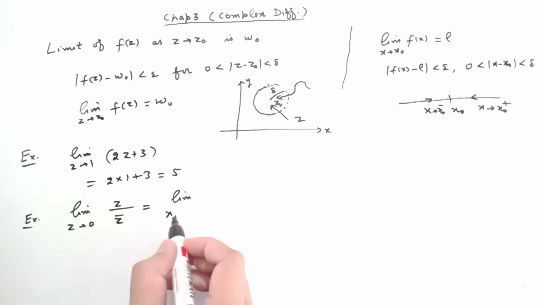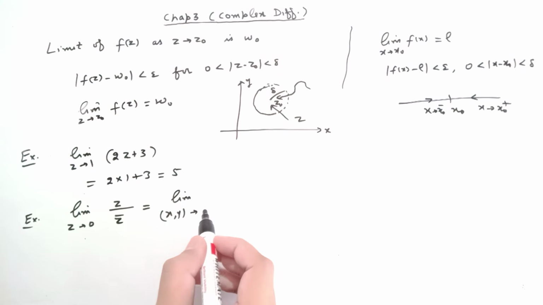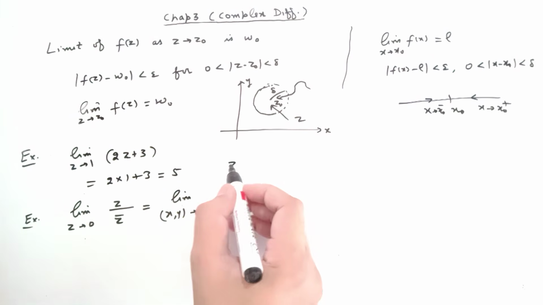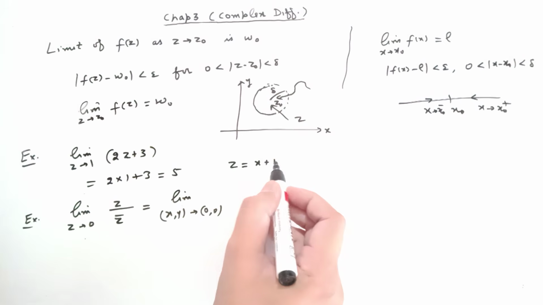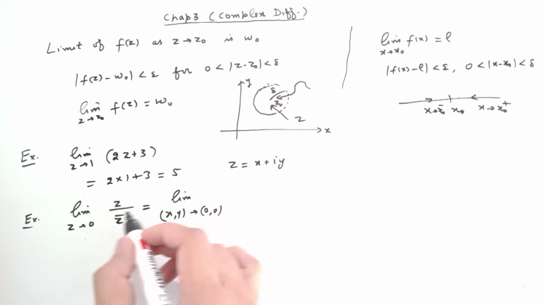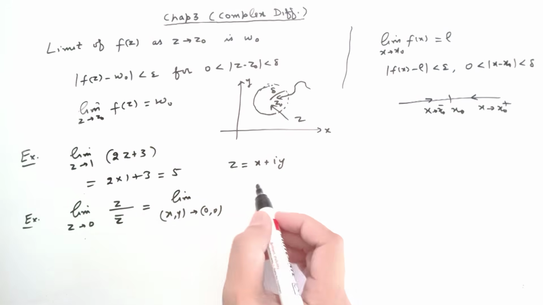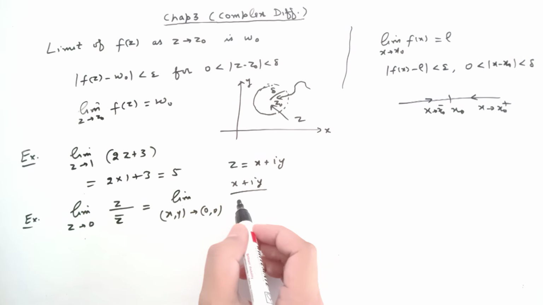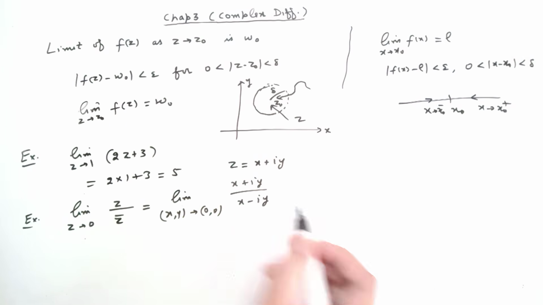Write it in terms of x, y. z tends to 0 means (x, y) tends to (0, 0) because z is x plus iota y. So if z is 0, both x and y are 0. Okay. Change this expression also in terms of x, y: x plus iota y over x minus iota y. Now it's a limit in two variables.